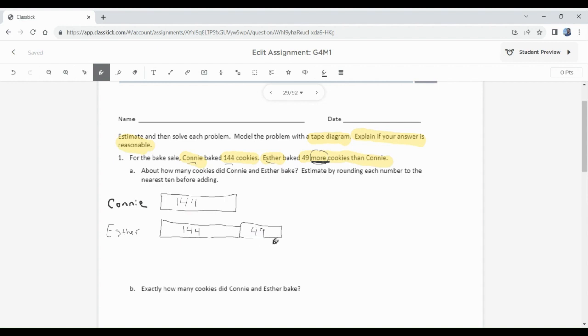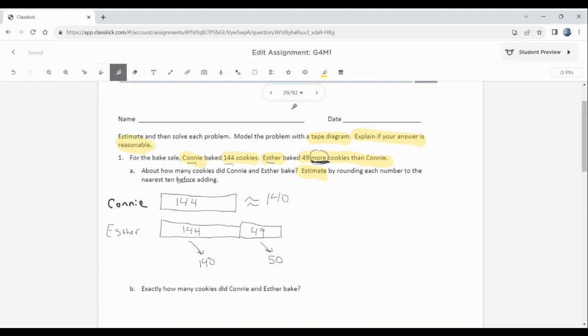So what we're going to do is round these numbers. We're going to follow the directions here and estimate by rounding each number to the nearest 10 before we add. So 144, if I round to the nearest 10, this 4 in the ones is not going to bump up the 4 in the tens place. So this is about 140 cookies. The same number would round to the same amount, 140 cookies, and 49 would round up to 50.